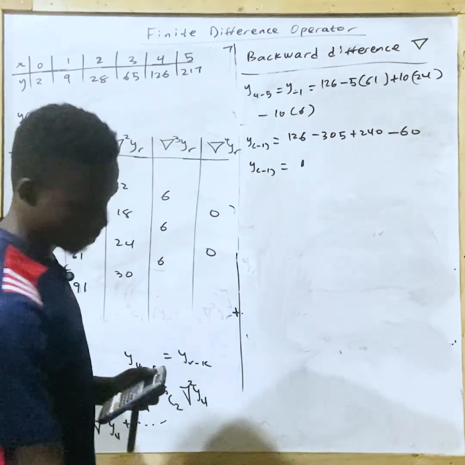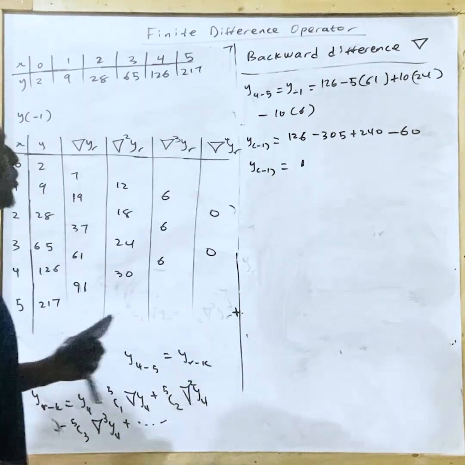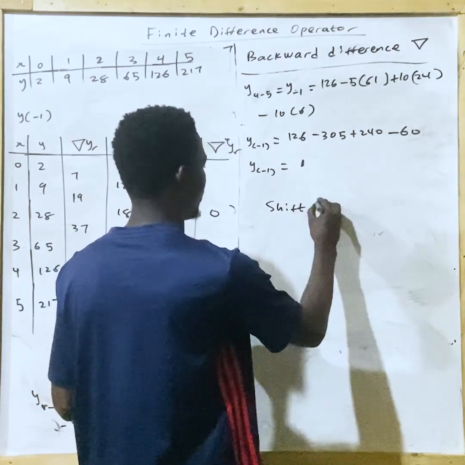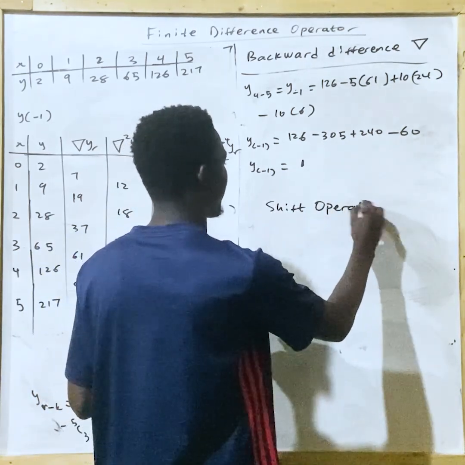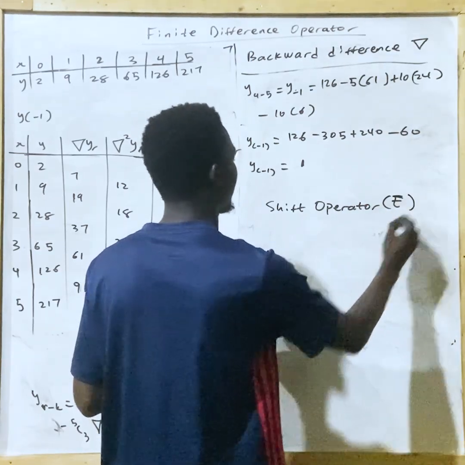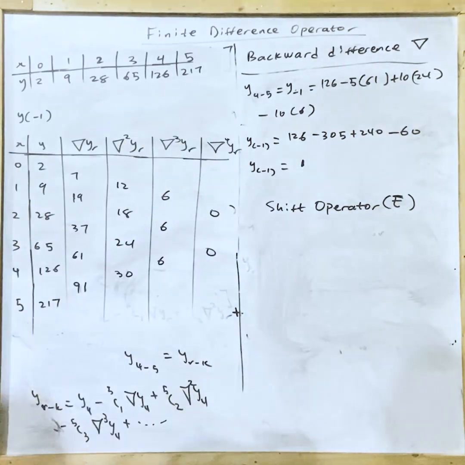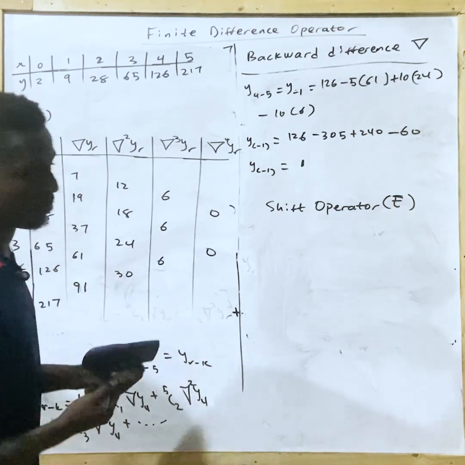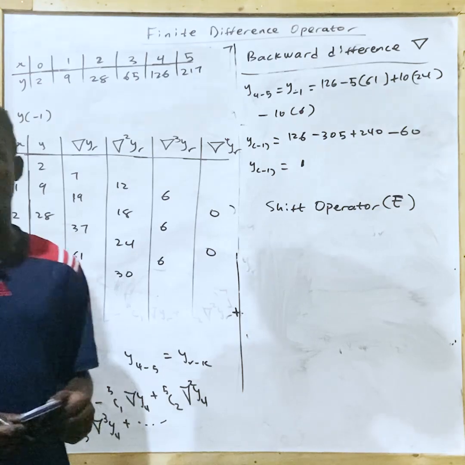So we're going to be moving on to the next operator, which is called the shift operator. What is the shift operator? This is just an operator that helps you shift.